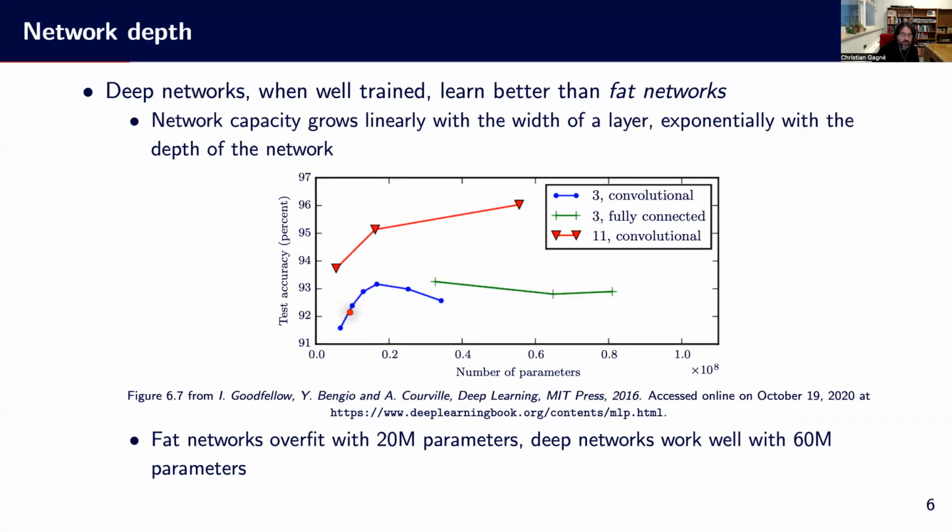So it is an example of a fat network compared to the 11 layers CNN. Basically with the same scale in terms of the number of parameters, it performs much better. So we go from 92% to 95% with the same number of parameters, but with a much deeper CNN.